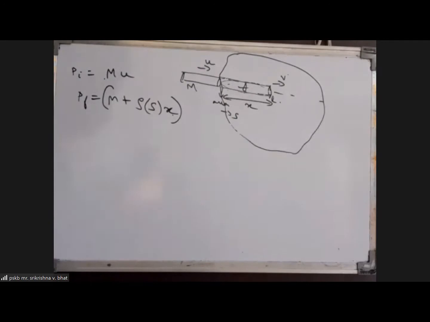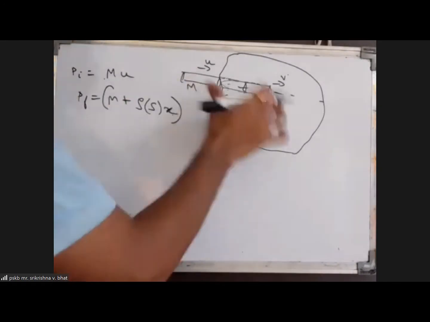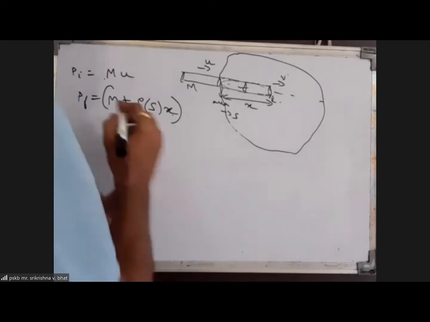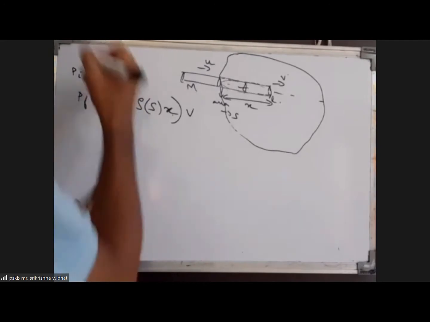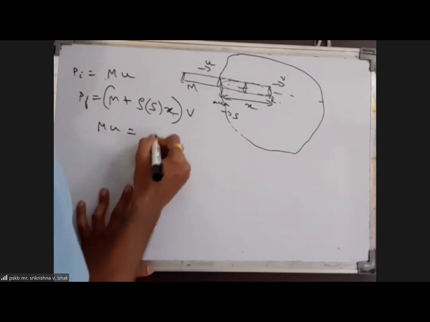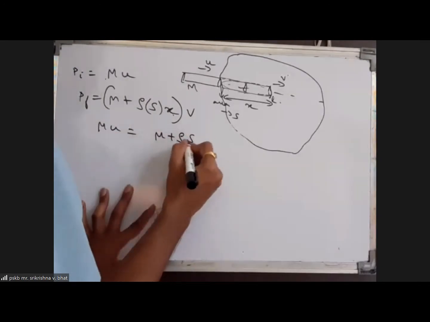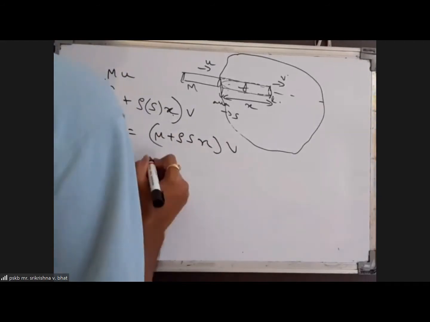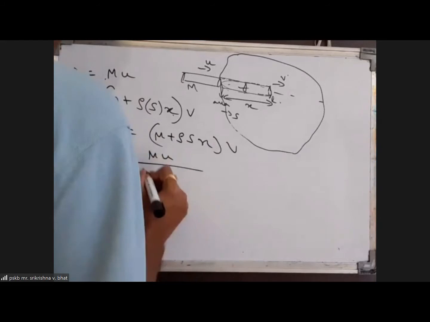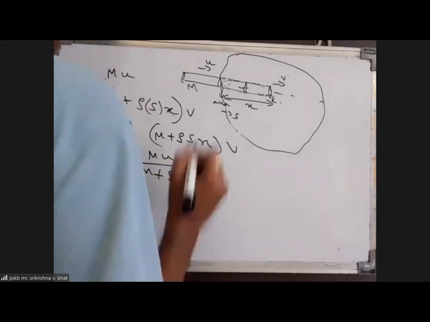This is the new mass of the cylinder by the time it has moved a distance x. This into velocity v, I'll take the velocity of the whole system. If I equate both of these, I will get M u equal to (M plus rho S x) into v, or v will come out to be equal to M u by (M plus rho S x).